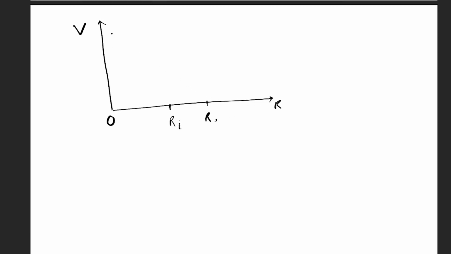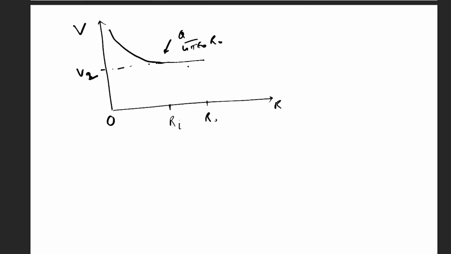So the potential will start from infinity and it will stay up to that value, which is Q by 4 pi epsilon naught R naught, not V3.